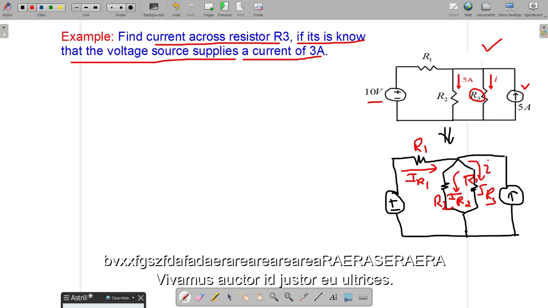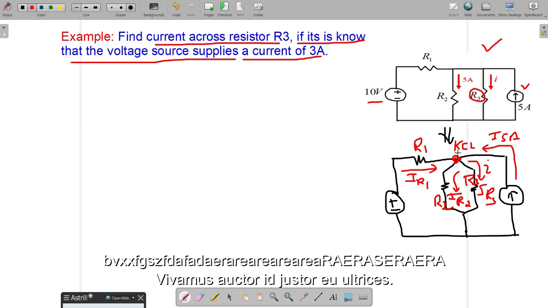This is R3. And the current supplied by this 5 ampere source, let's suppose we show it by this 5 ampere, right? So this is the point, and we need to apply the Kirchhoff current law here at this point.